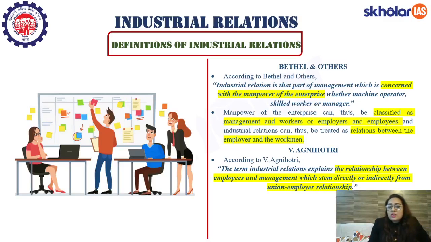Okay, now moving on to V. Agnihotri. According to him, the term industrial relation explains the relationship between employees and management which stems directly or indirectly from the union-employer relationship. So the relationship between employees and management is the stem of any industrial relation, and it is directly or indirectly related with the union and employer relationship.